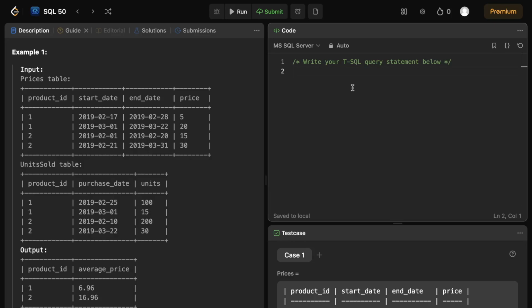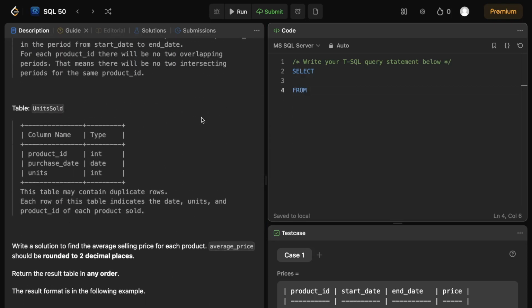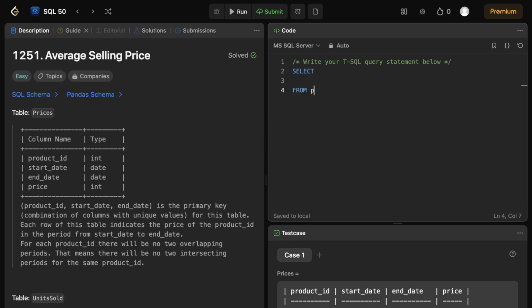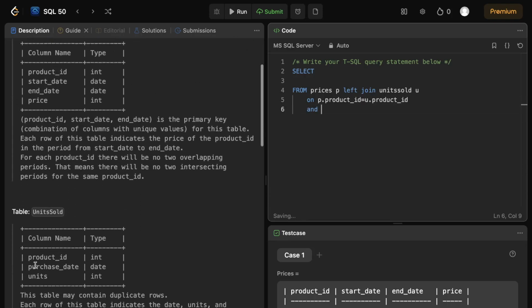So let's start writing the query. So my tables are prices, and my second table is units sold, and my join condition is p dot product id should be equal to u dot product id, and my second condition is that my purchase date should be between the start date and end date.